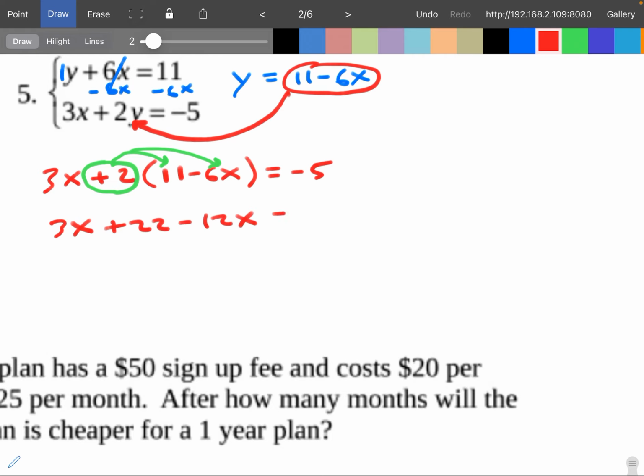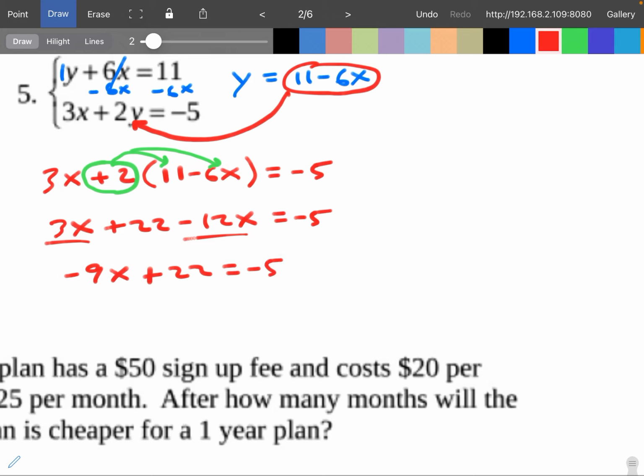So then this equation would become 3x plus, well, positive 2 times positive 11. That's a positive 22. And then what's a positive 2 times a negative 6x? Neve, what's that? Negative 12x, yeah. And so since it's a negative 12x, I'm going to write minus 12x.